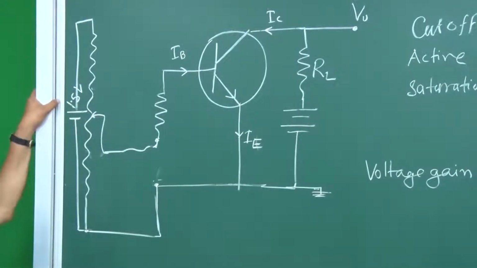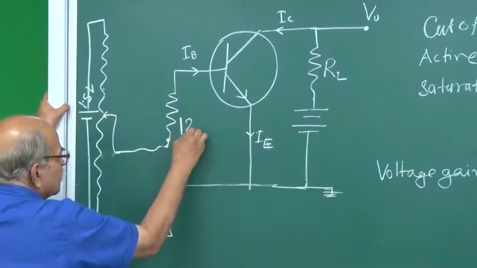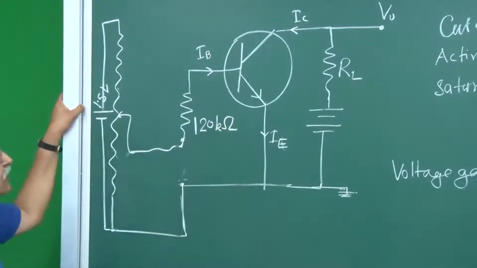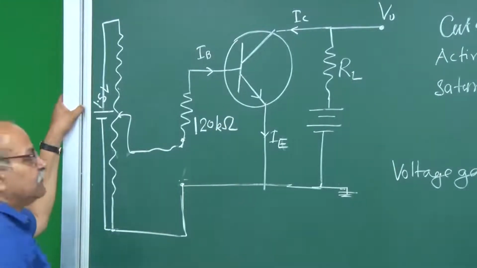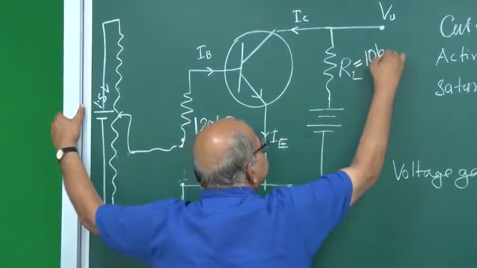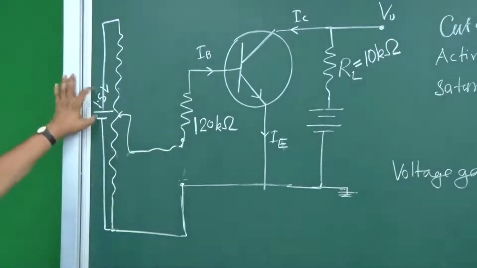Then the values of the resistances: here we will be taking a 120 kilo ohm resistance, and this RL we will take as a 10 kilo ohm resistance. This is 1.5 volt.